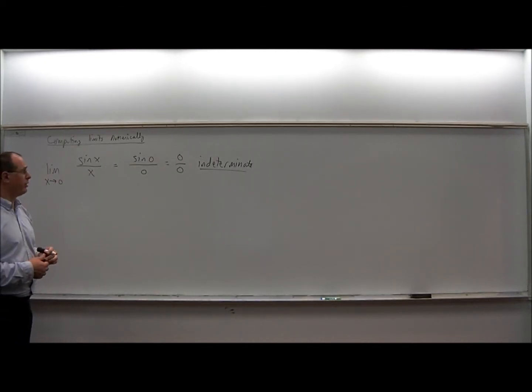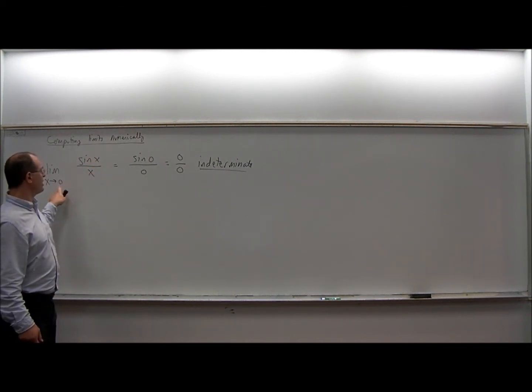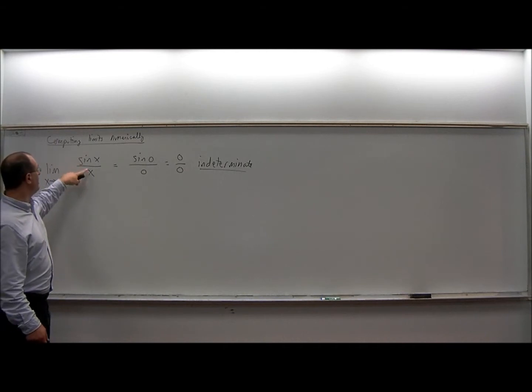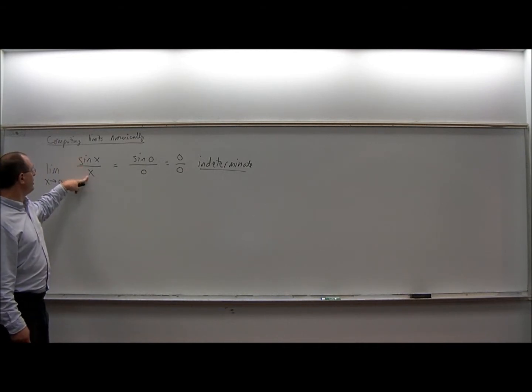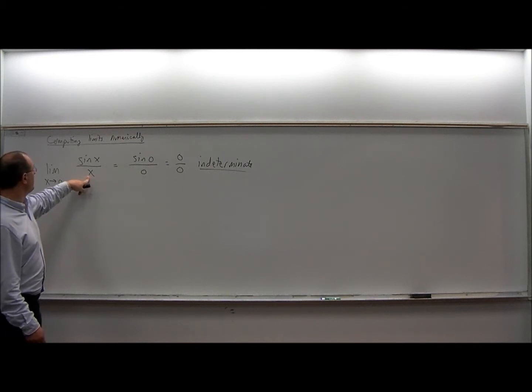So our method for guessing this limit is to plug in values of x near 0 and then use my calculator to compute the fraction sine of x divided by x.